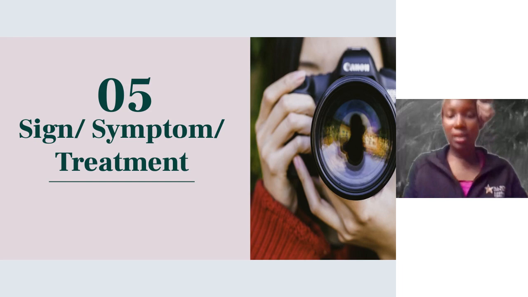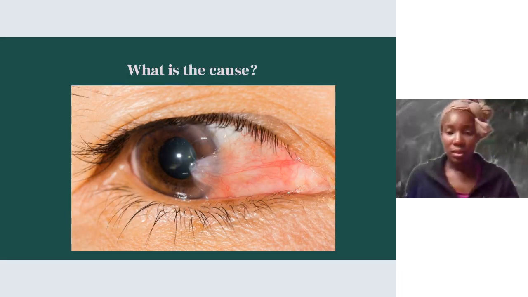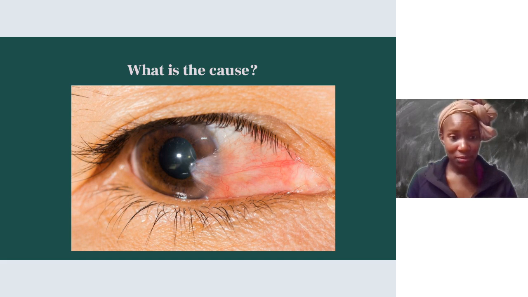All right, signs, symptoms, and treatments. Okay, so what is the cause of this? First of all, what is this? Yep, UV, sun, dust. Yes, it's a pterygium. Great job. Sun exposure. Yep, smoke too.